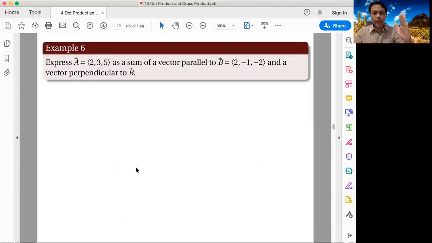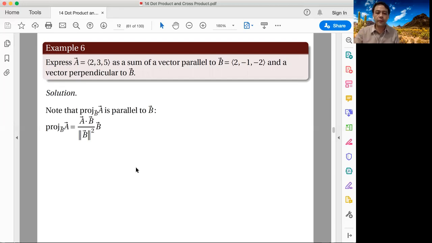You want to show that A is a sum of a vector parallel to B and perpendicular to B. Take note that the projection of A onto B is parallel to B. So that already gives us an idea of what vector to use. So let's just get the projection of A onto B. And that is given by these values here times the vector B, and we get negative 2, 1, 2.